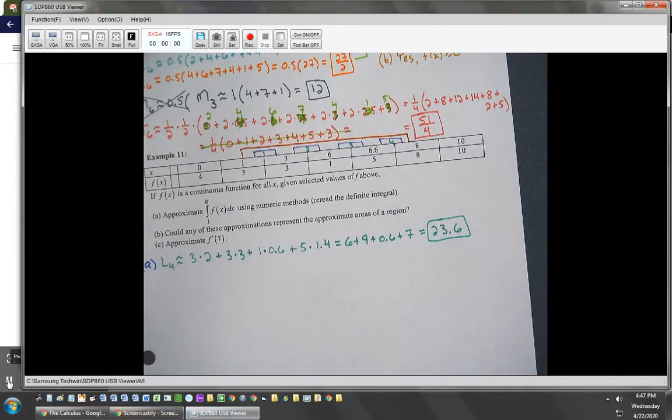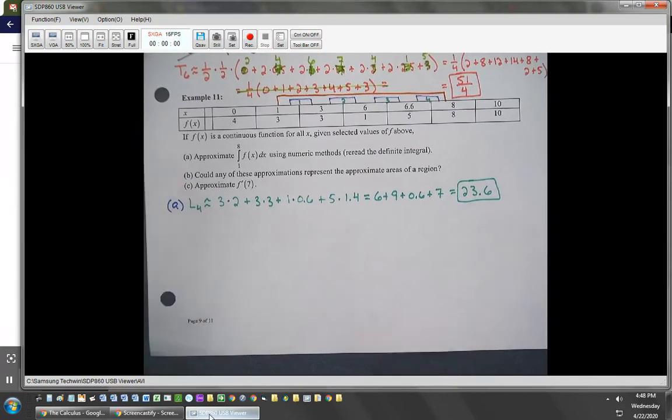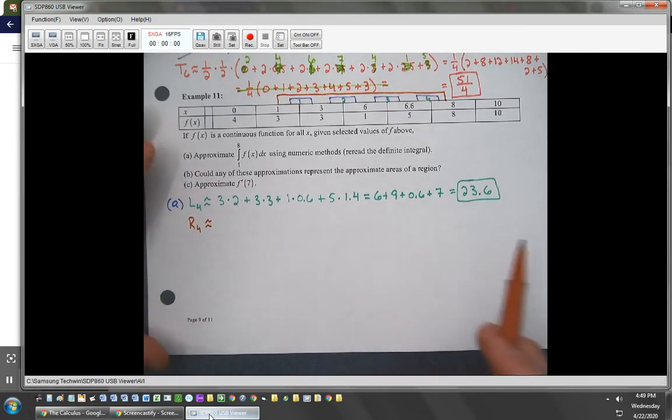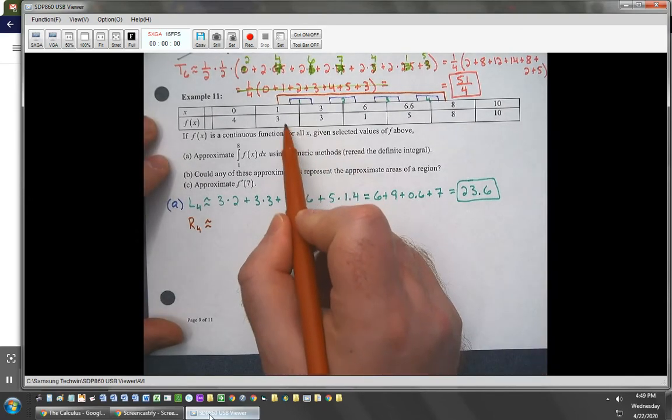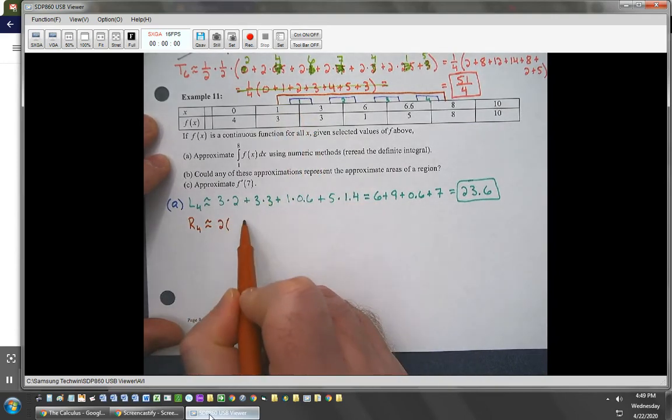See if you can do the right hand. All right, we're moving on to the right end. I just watched Corpy. He did a nice way. He kind of explained it. He put the gaps in there first. He says, all right, I know this interval is a gap of 2 times something.